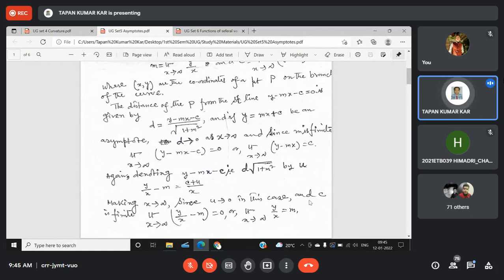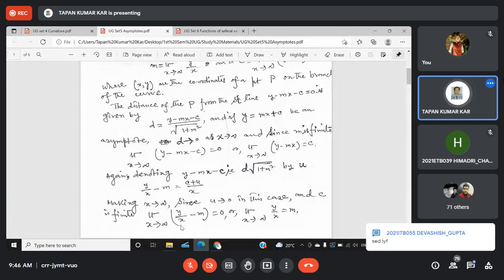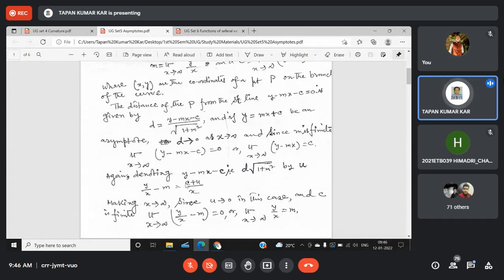In this case, c is finite, so what happened? Limit x tends to infinity, y by x minus m equal to 0. U tends to 0 and c is finite, so c by x as x tends to infinity is also 0. So the right hand side is 0 as x tends to infinity.